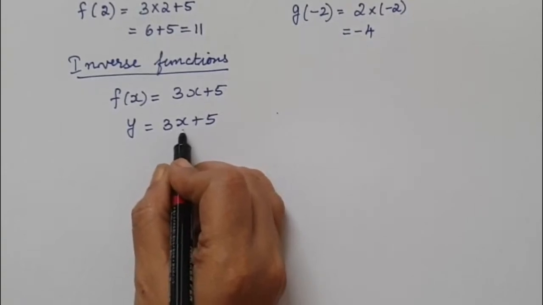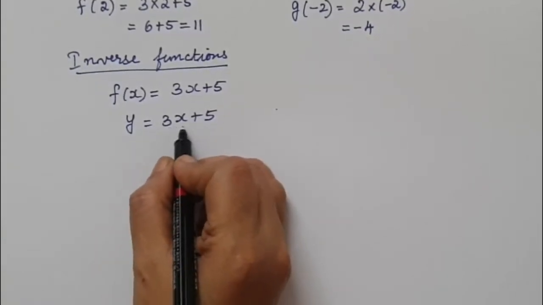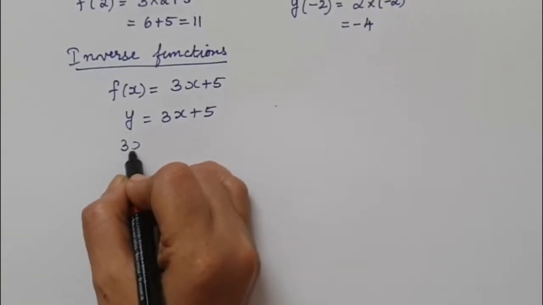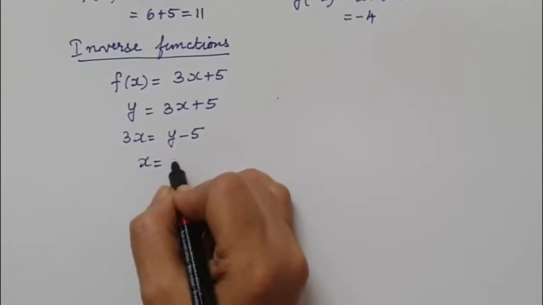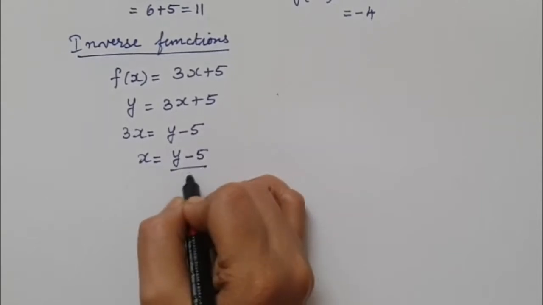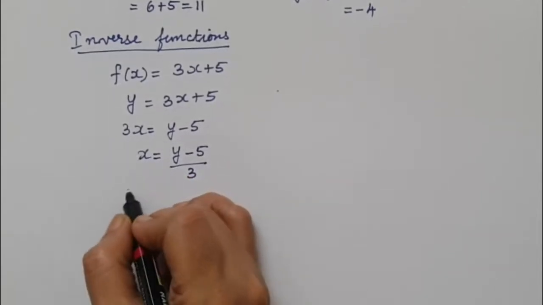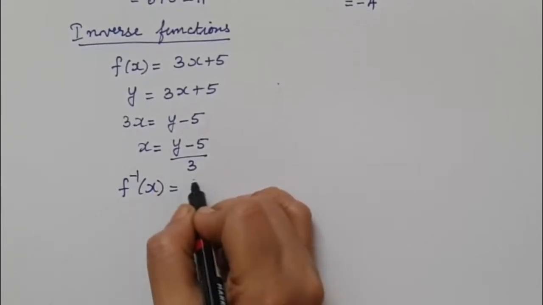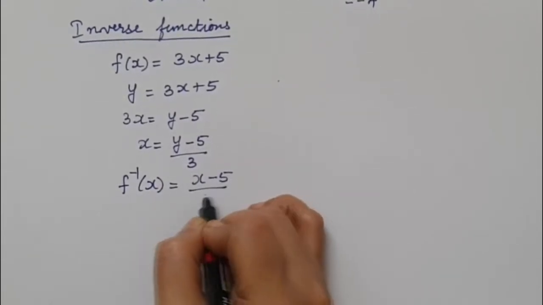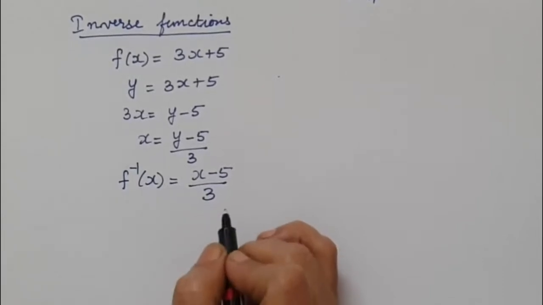Then we make x the subject. That means you have to find what x is equal to. So 3x will be equal to y minus 5. X will be equal to y minus 5 over 3. Then change this x to f inverse. F inverse of x will be equal to, change y to x, x minus 5 by 3.